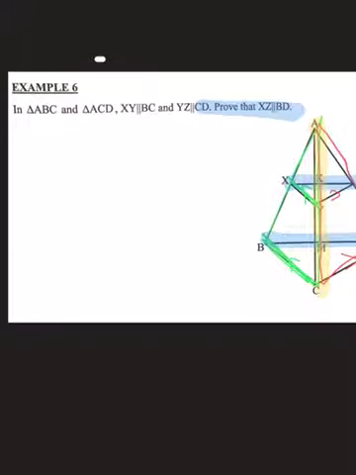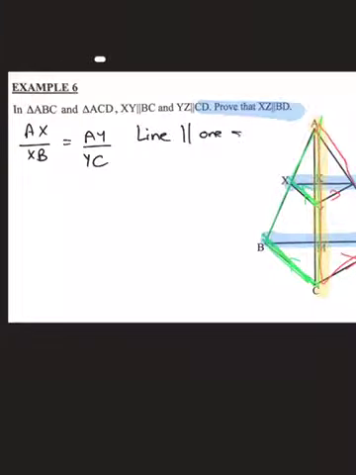So you would write this as your following reason. You would say AX over XB is equal to AY over YC. Line parallel to one side of triangle. You can put the parallel lines there if you want.